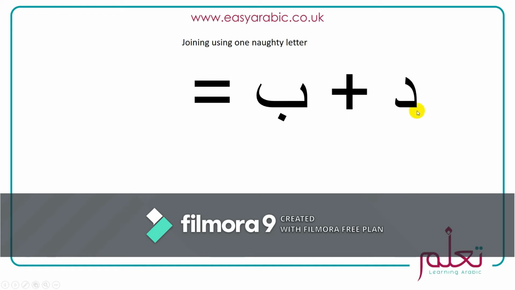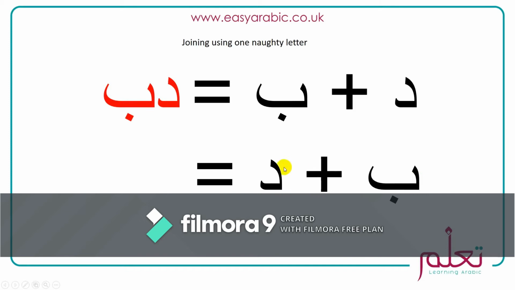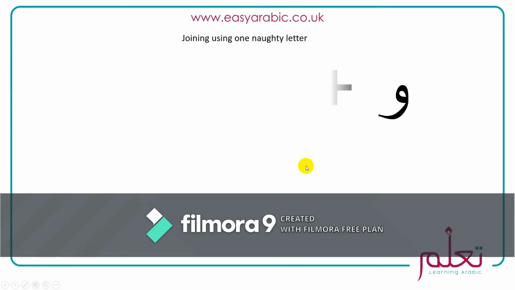Next one is the letter dal, and again the ba. Again the ba comes after the dal, which means we can't join these two together. So it looks exactly the same, which is dub. But if we swap these two around, we get bad, because the ba comes before the dal. One more example.